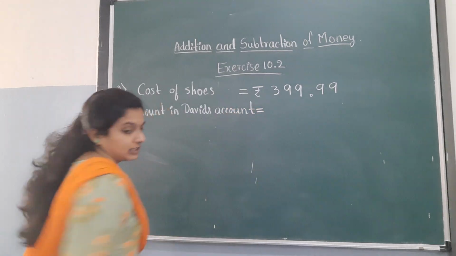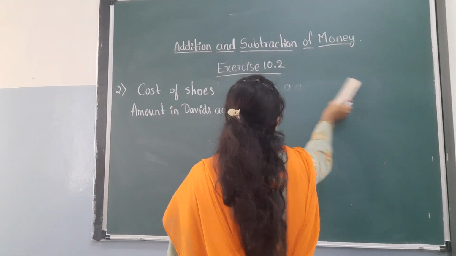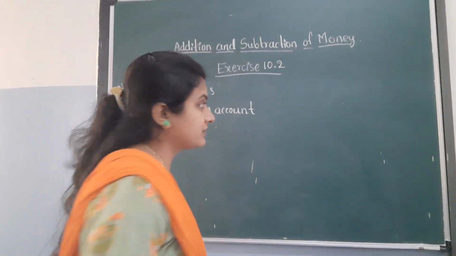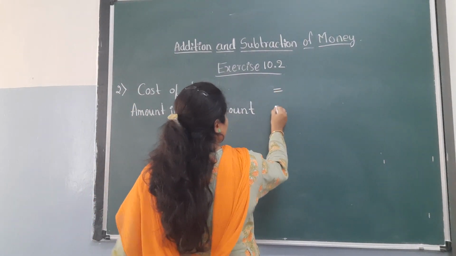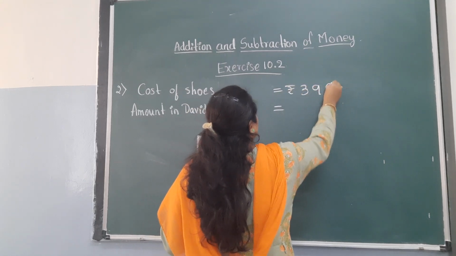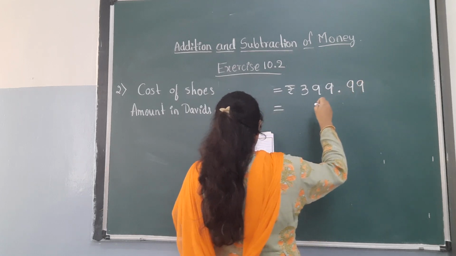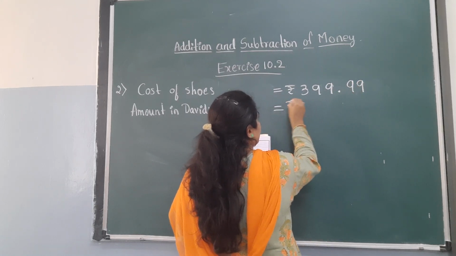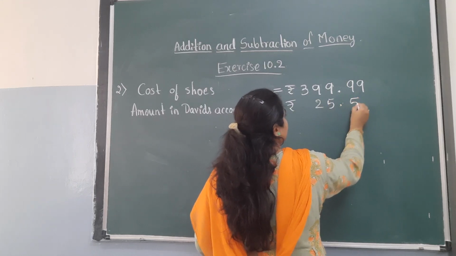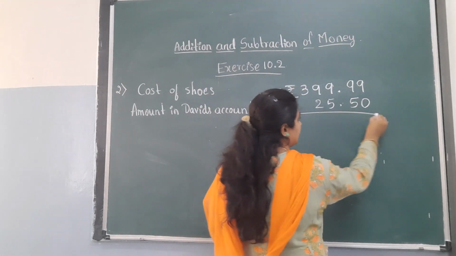See here, children, this is equal to; one below another you have to write. 399 rupees 99 paise. 25 rupees 50 paise. Minus symbol is compulsory.